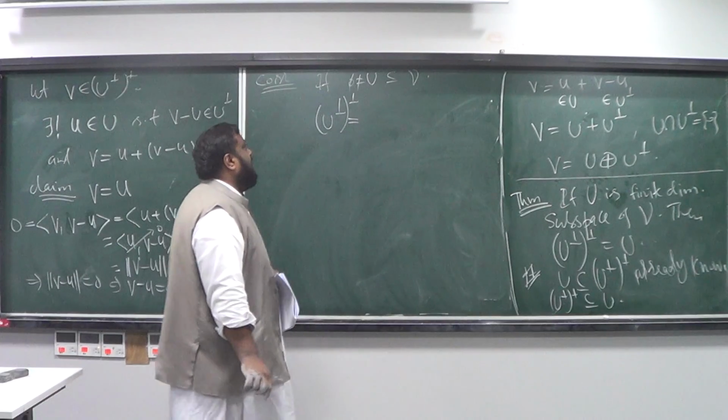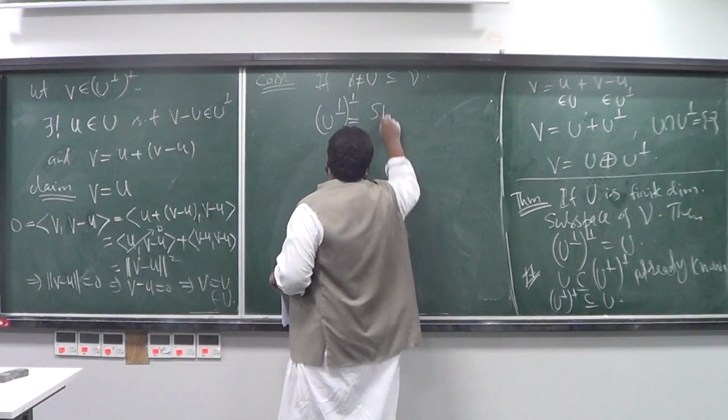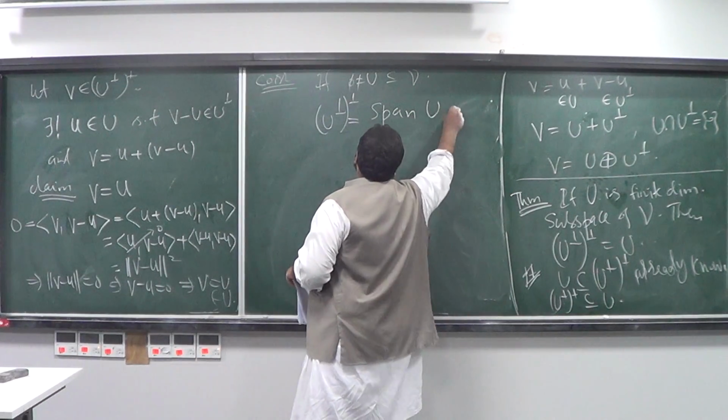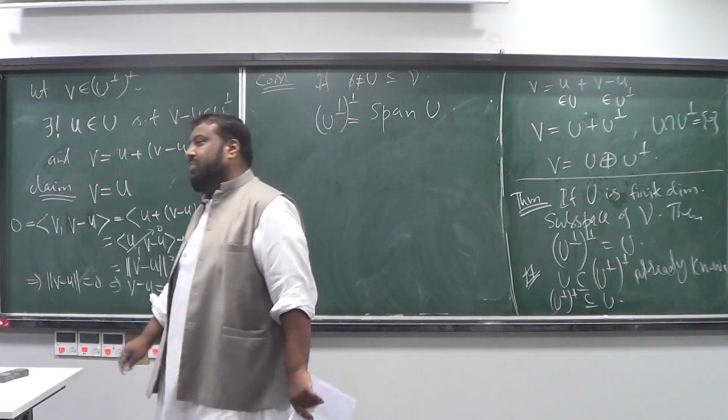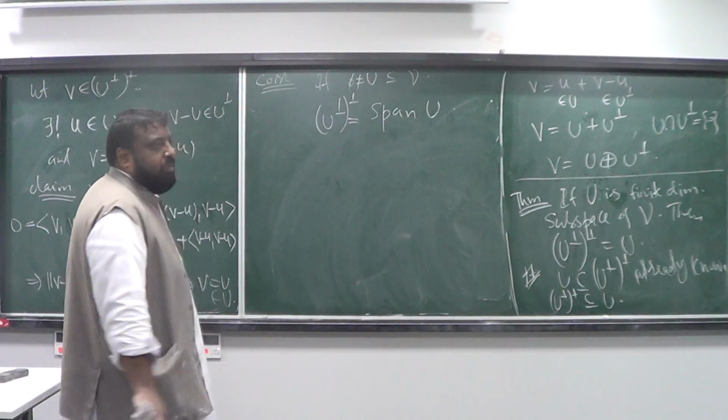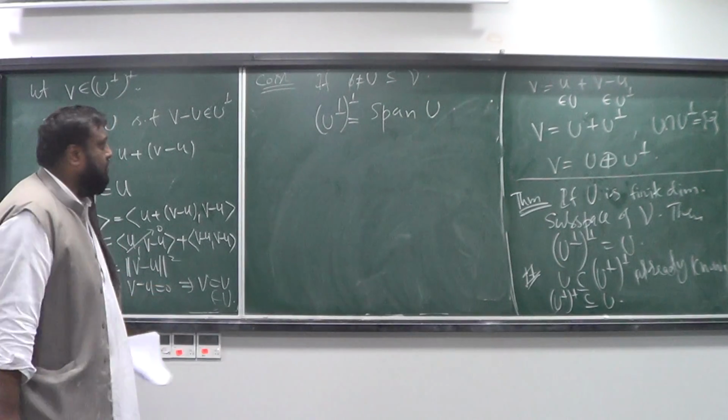This is really equal to the span of U. So the U perp of the U perp is really the span of U.